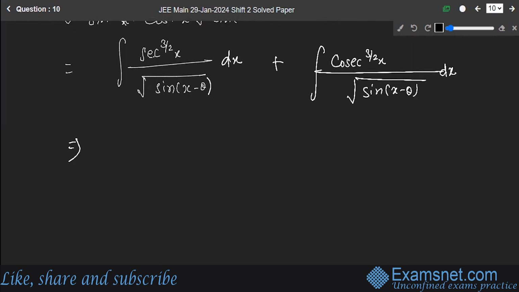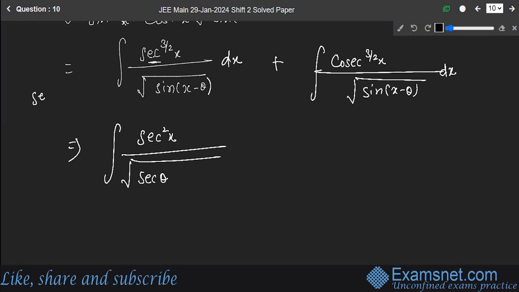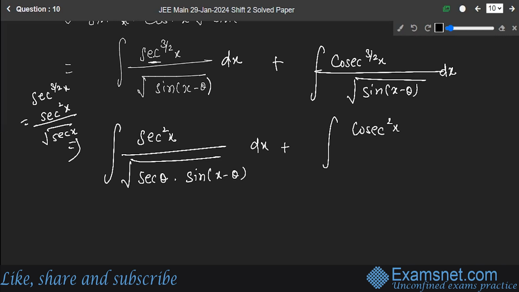This is secant x into root of secant x. So I will write it as secant square x. I can write it like this, right? Because secant power 3 by 2 x can be written as secant square x divided by root of secant x, multiplied by sine x minus theta dx plus cosecant square x upon root of cosec x into sine x minus theta dx.